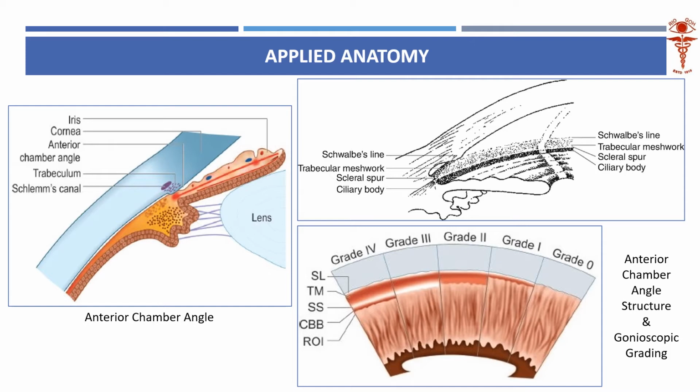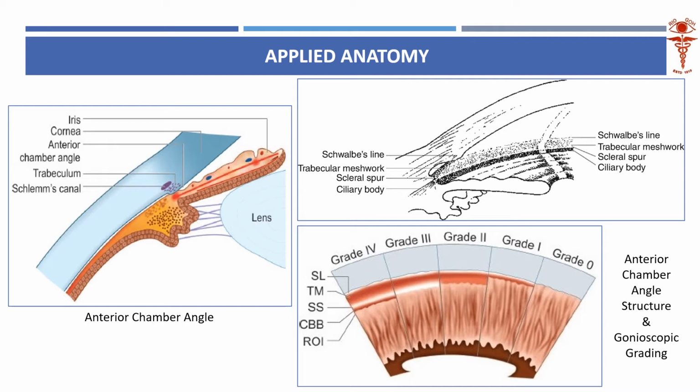So gonioscopy, if done properly in the anterior chamber, will show four structures. One, two, three, four, in that order: Schwalbe's line, trabecular meshwork, scleral spur, ciliary body.